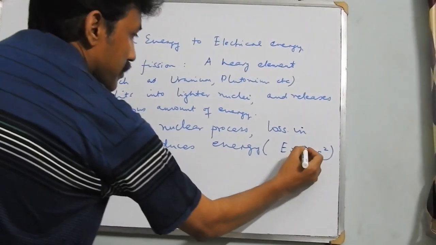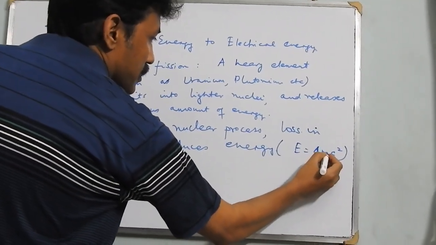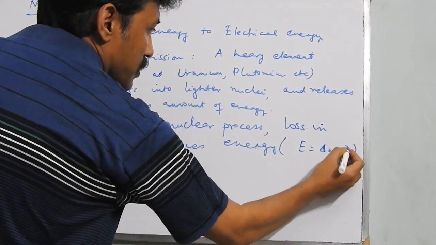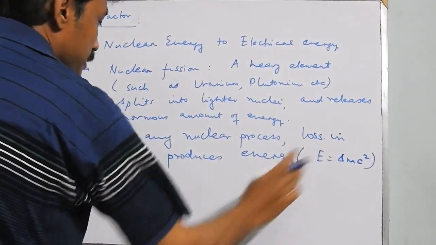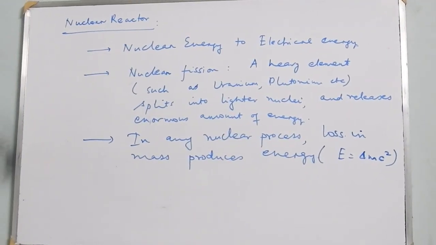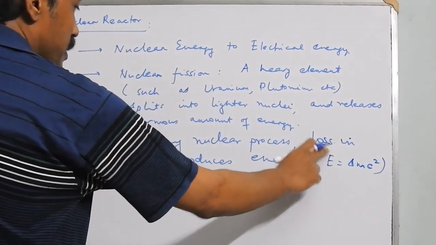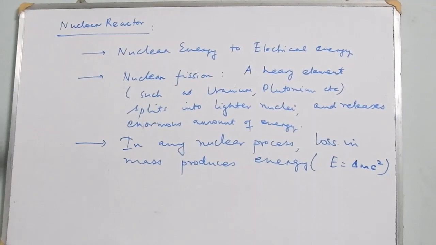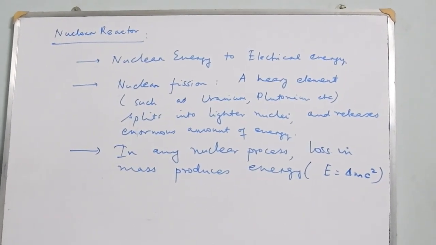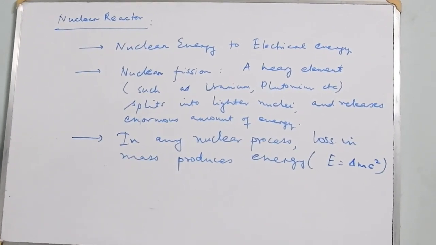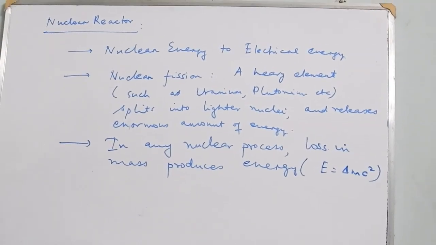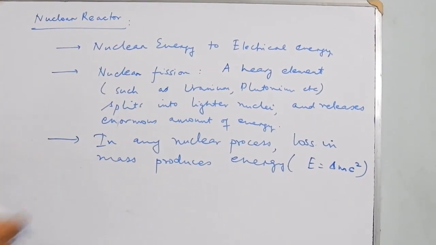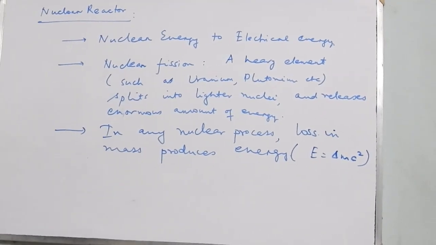Here delta M refers to loss in mass and C refers to the velocity of light, and this produces the amount of energy. So loss in mass should not be confused with the conventional mass. It is the nuclear mass. The nuclear mass of the reactants is somewhat greater than the total nuclear mass of the products in a nuclear reaction, and that loss in mass is producing some amount of energy.